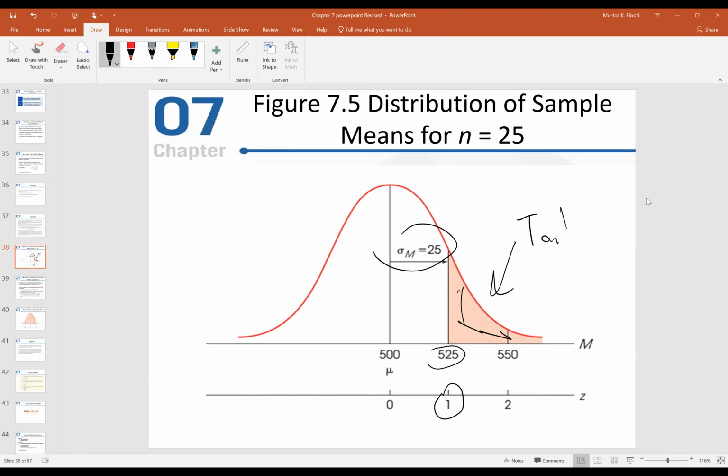So we changed the 525 into a z-score, and then we looked up this z-score in our unit normal table, under column C, which has the tail, in order to get our answer of the proportion or percentage of scores that are greater than 525.